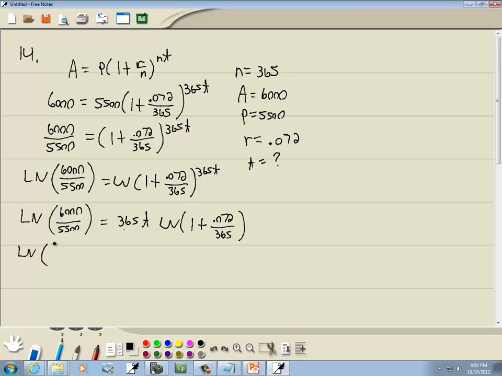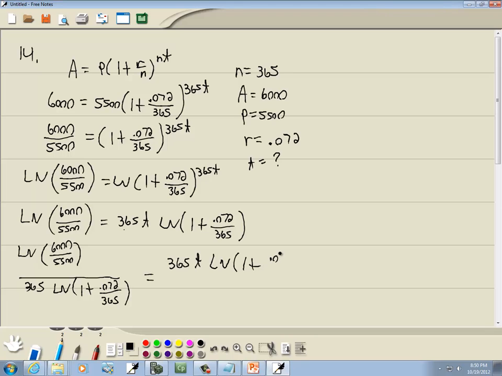So we've got ln of 6,000 over 5,500 divided by 365 natural log of 1 plus 0.072 over 365 equals 365T natural log of 1 plus 0.072 over 365.